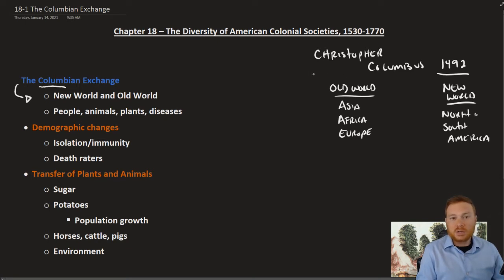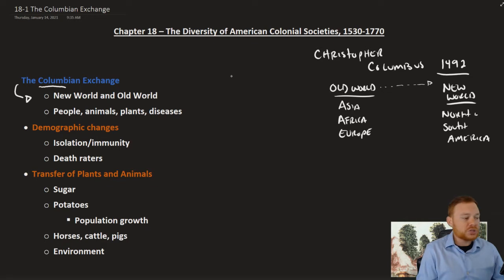Following Christopher Columbus's voyage, many other people from the Old World made the trip to the New World. In addition to the people who went from Old World to New World, there was also a transfer of biology, and that really is what the Columbian Exchange refers to.